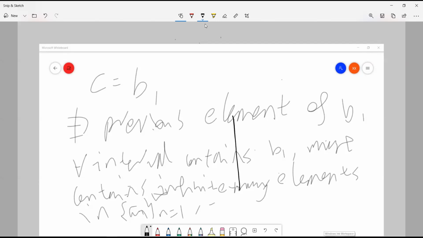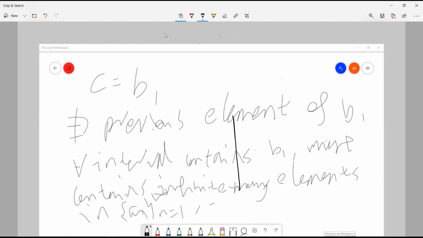Not the biggest element, I should say, it must contain the biggest element that is not in this interval, but can be seen as some AM. Okay, so this is why.